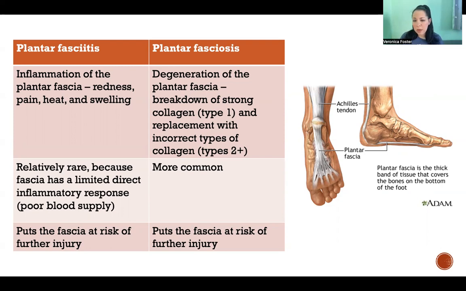But the problem is if we are breaking it down too fast because maybe we're doing something incorrectly, or we're engaging in an activity that's causing too much breaking down, or we're overusing a structure, then sometimes we break it down faster than we can replace it with the correct type of collagen.